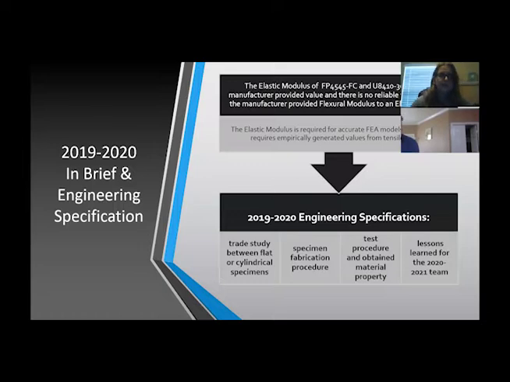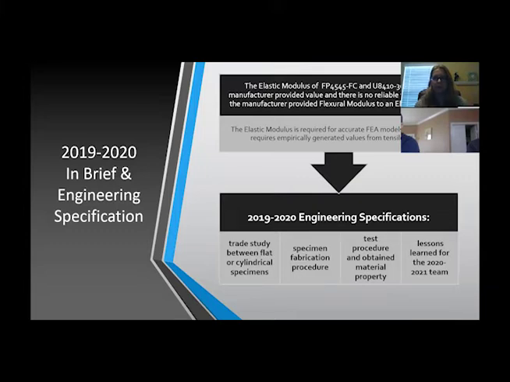Hi, I'm Madison Zankovsky. Our requirements were to determine a specimen manufacture procedure as well as a testing procedure to obtain the Young's modulus required for their underfill epoxies. We were looking at doing 6 samples for 3 epoxy materials, tested at 2 different strain rates.